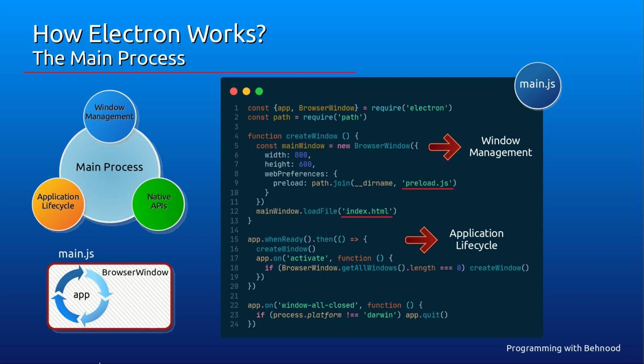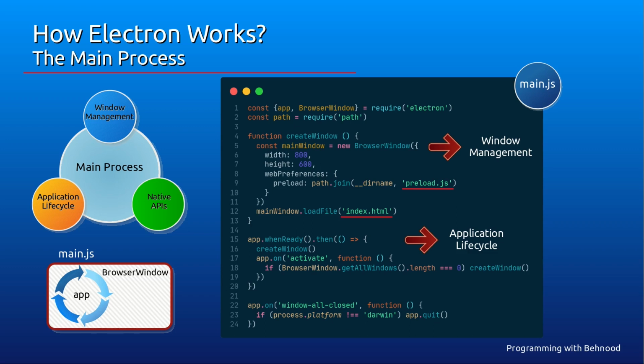The main process also controls your application's lifecycle by Electron's app module. This module provides a large set of events and methods that you can use to add custom application behavior. For instance, quitting your application.